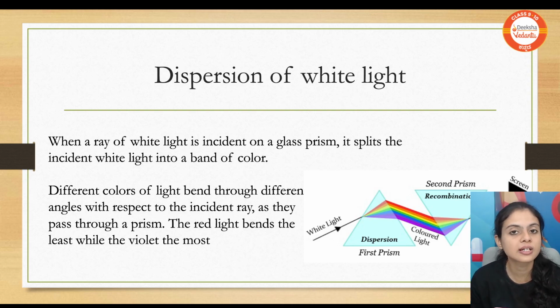This process is dispersion. You can read out the slide. When white light is incident on a glass prism, it splits into a band of colors. Different colors of light bend to different angles, and we know that violet bends the most and red bends the least. This is about dispersion.